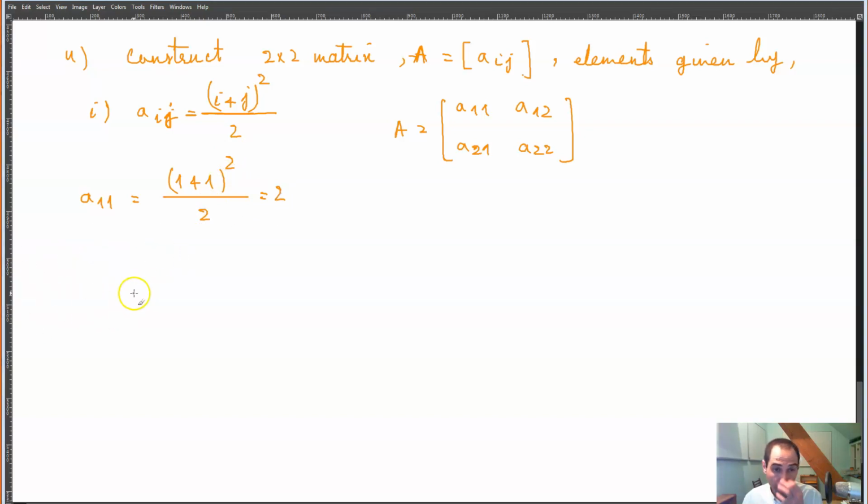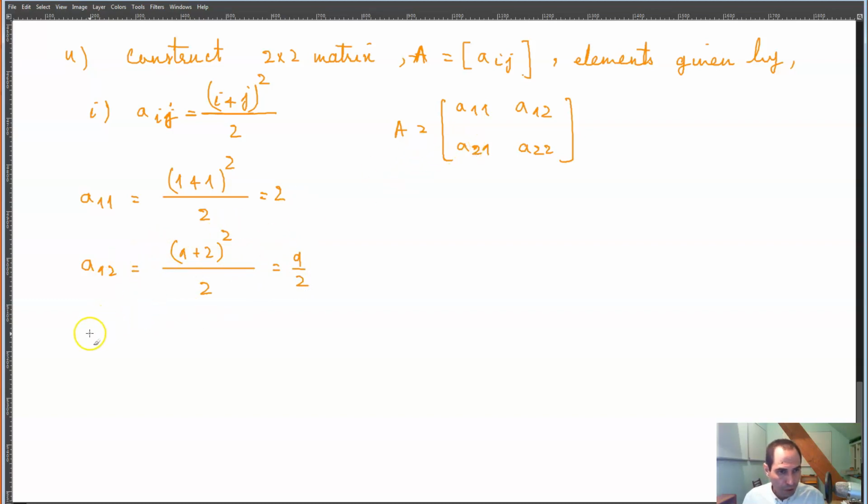Now A of 1, 2 is equal to again 1 plus 2 raised to the second power divided by 2. That's 3 squared, 9 divided by 2, that's 9 halves, right?